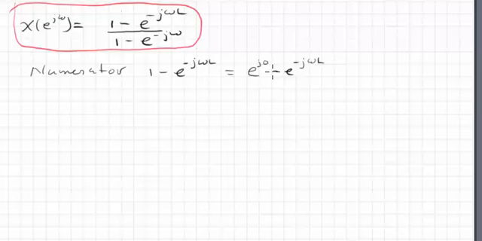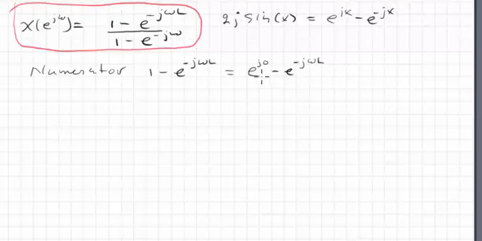It kind of looks like a sine. You remember 2j sine of x is e to the jx minus e to the minus jx. So it kind of looks like that, but the exponents don't work out quite right.